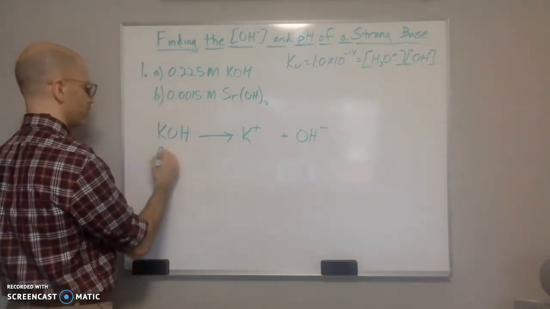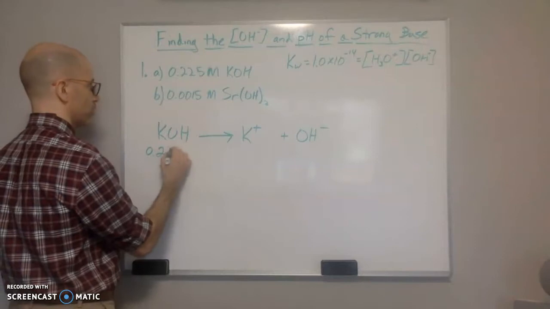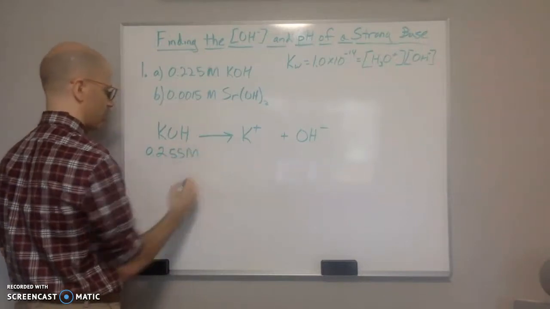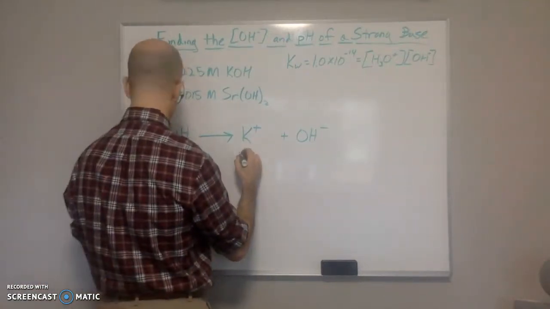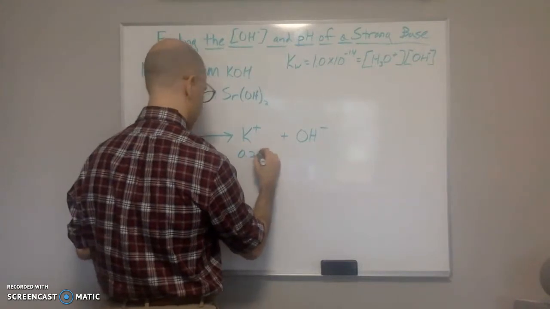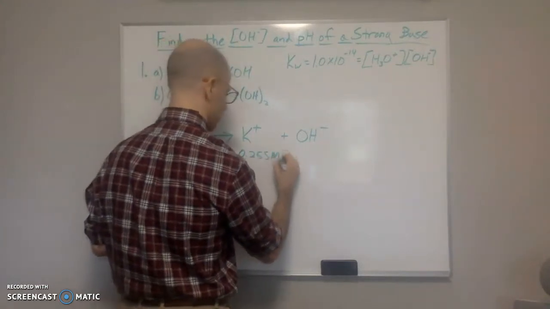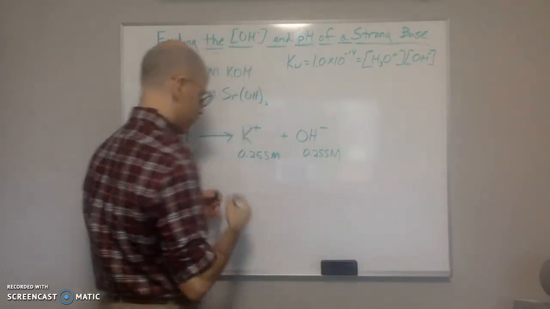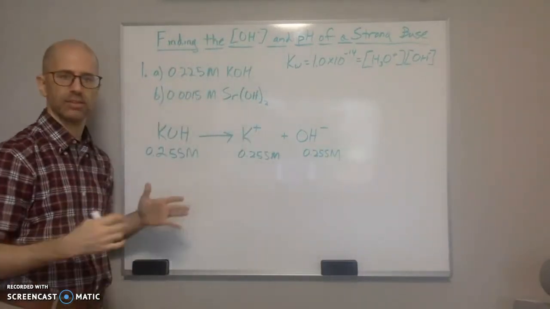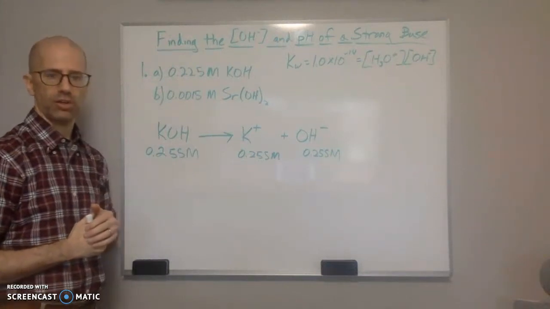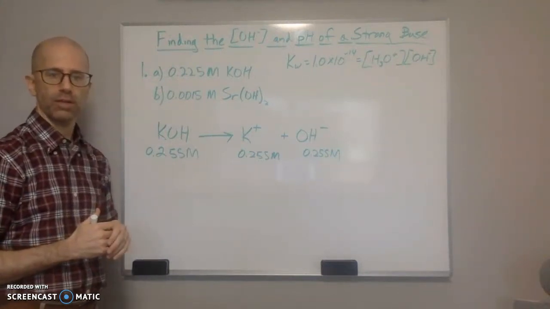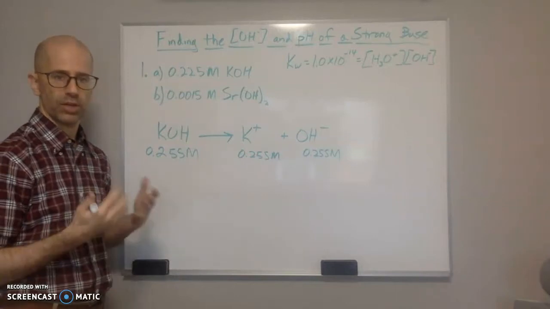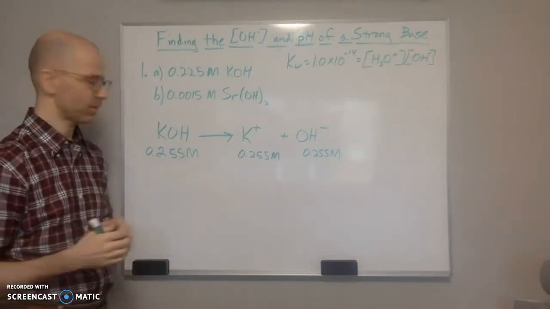So if you have 0.255 molar of this, you're going to end up with 0.255 molar of this and 0.255 molar of that, because of the complete dissociation of all of the formulas of KOH.